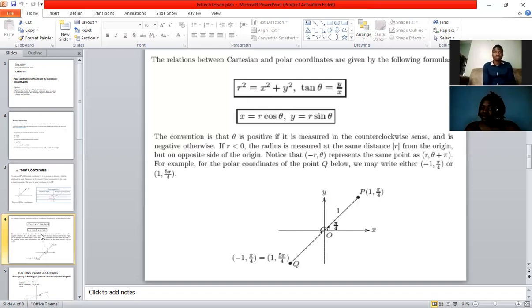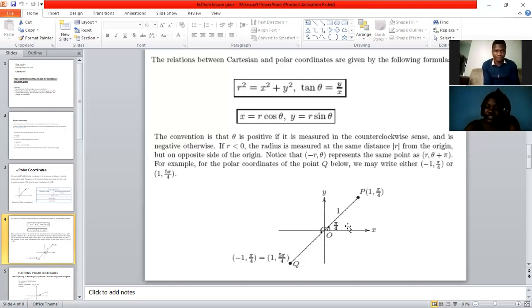So an example is this one that you are seeing down here. Are you seeing my example? Yes, I'm seeing. Negative 1, pi out of 4 and 1, 5 pi out of 4. Now, when you divide pi out of 4, what do you get? I'm going to get 45.